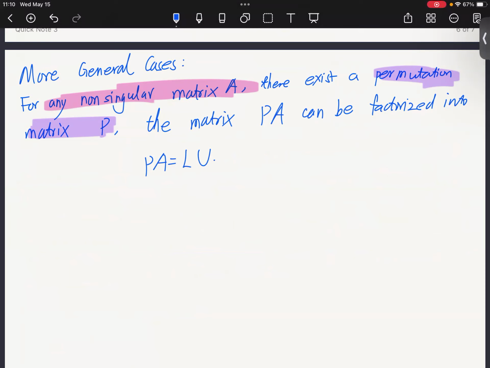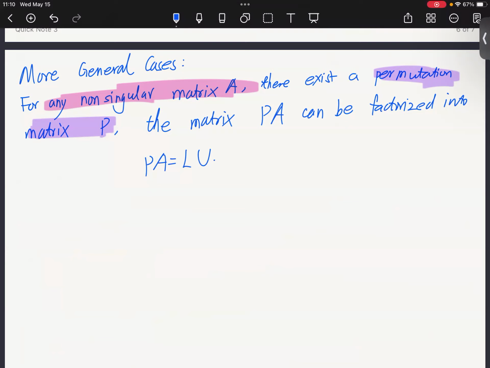And last time, I just briefly mentioned what the permutation matrix looks like. This time, I'm going to talk more about the permutation matrix, in case you cannot understand the permutation. So we have just one basic operation here.